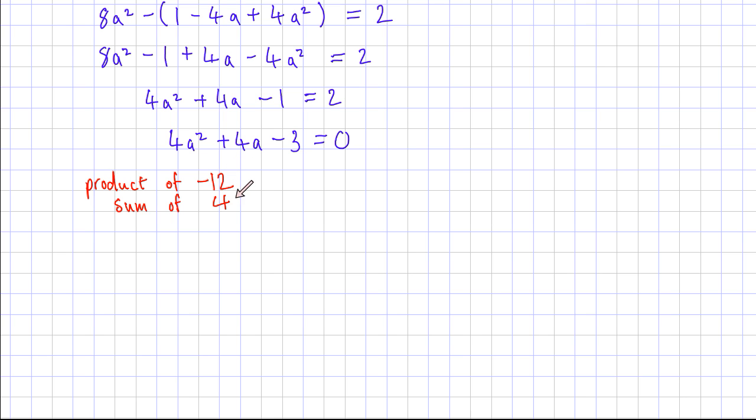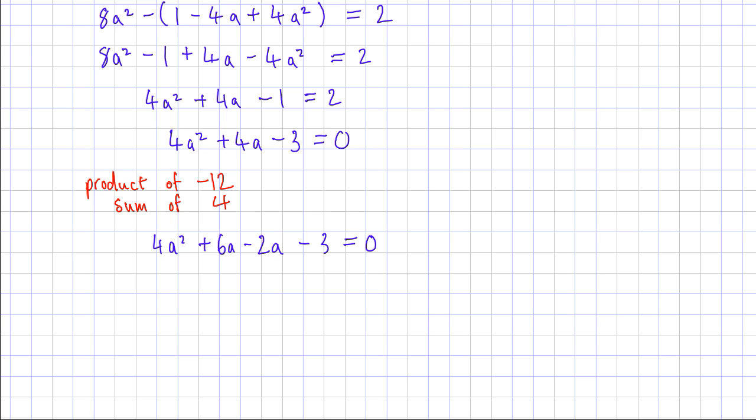And 6 take away 2 gives me 4. So I'm going to write this 4a as 6a and minus 2a. So I'm going to write 4a squared plus 6a and minus 2a. So this plus 6a and minus 2a gives me the 4a there, and I have minus 3 equals 0.